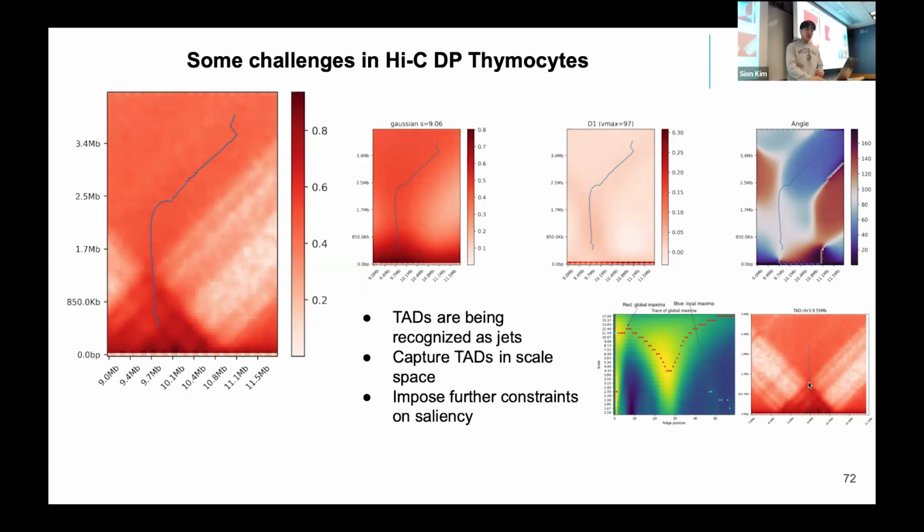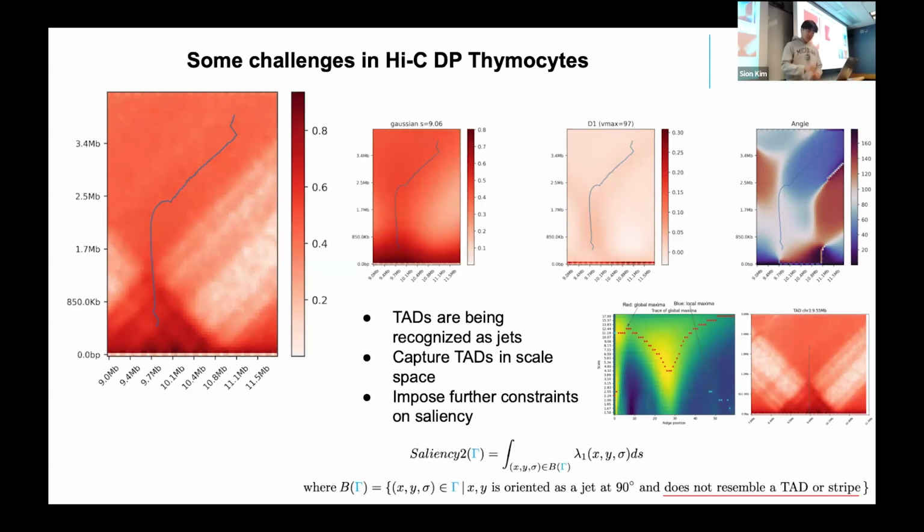Here we expect the ridge size to be quite small, and we see that reflected in the scale space, and then we see it increasing again. Because TADs occur at a specific angle, 90 degrees, we should be able to find these in scale space. We're still doing this. Because we know that information, we can impose further constraints on the saliency measure, by saying that not only should we have the XY oriented as a jet, but it shouldn't resemble a TAD or stripe.